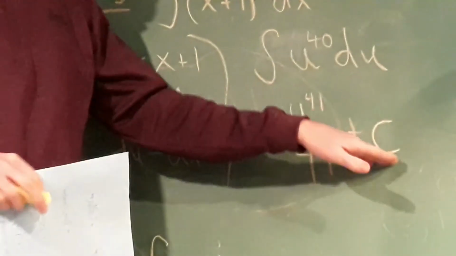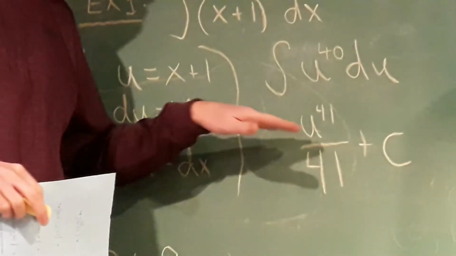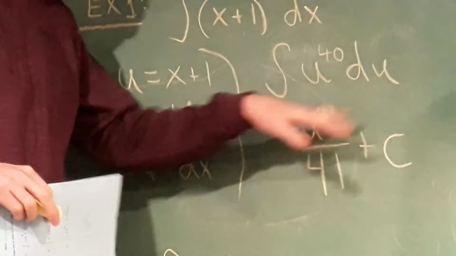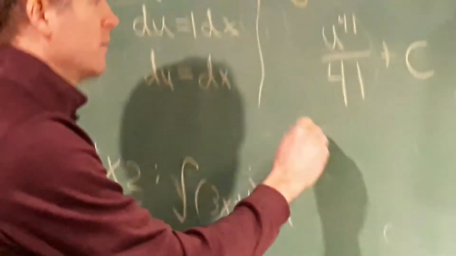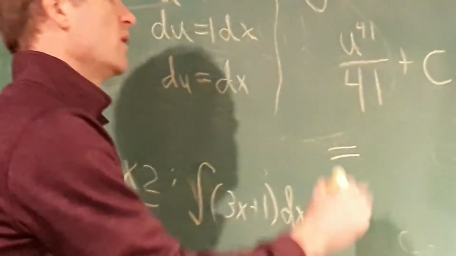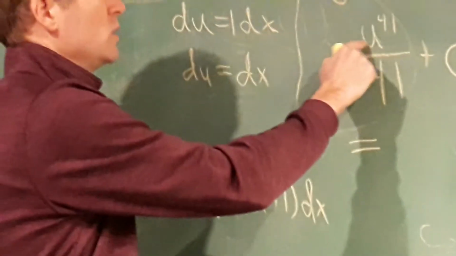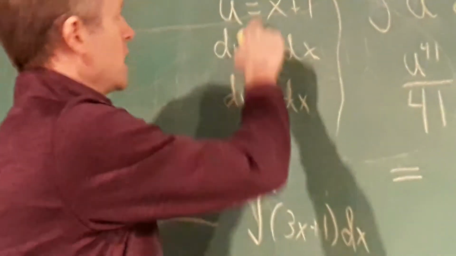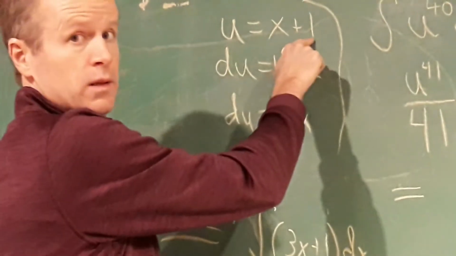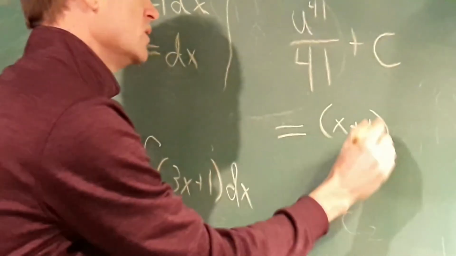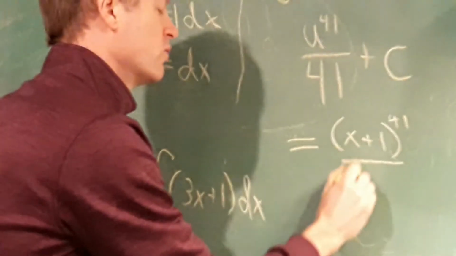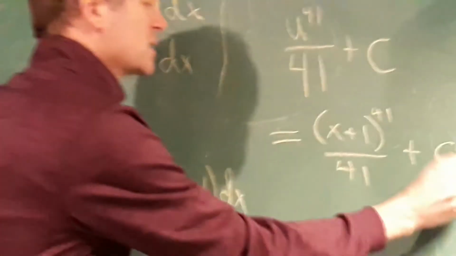Now I've defined this in terms of u. My final step is to go backwards and fill in what u equals. Since u is x + 1, I'm going to rewrite this as (x + 1) to the 41st power over 41 plus a constant.